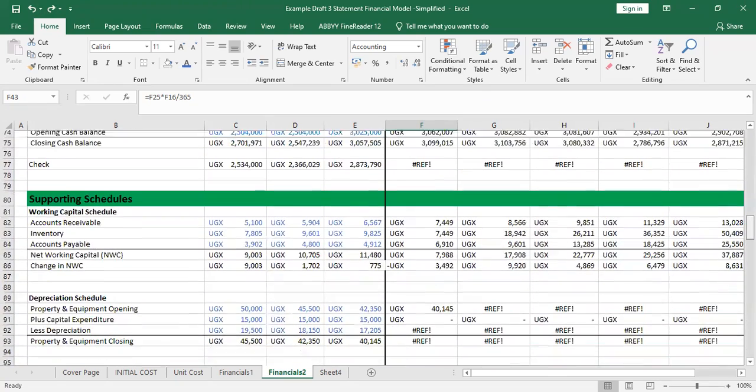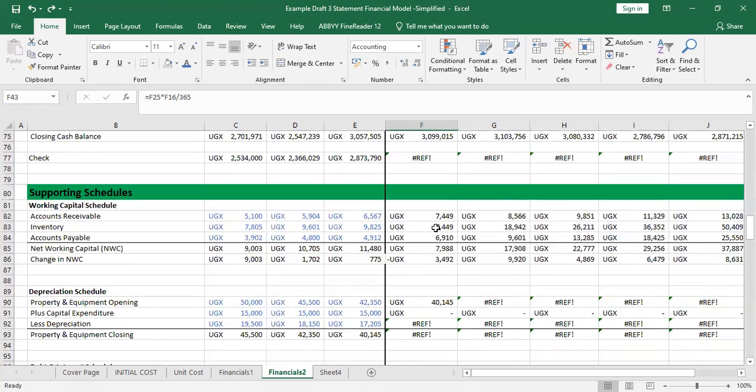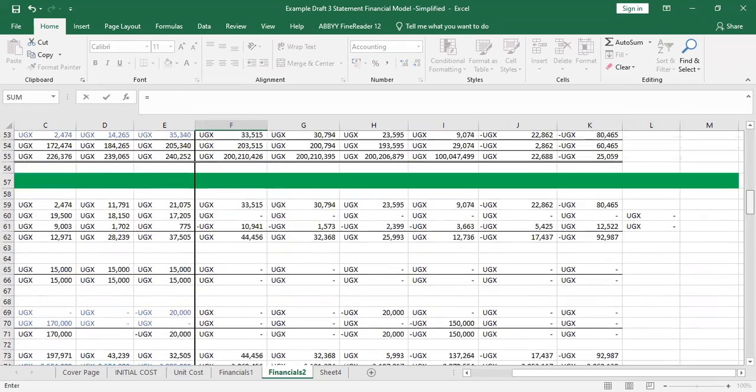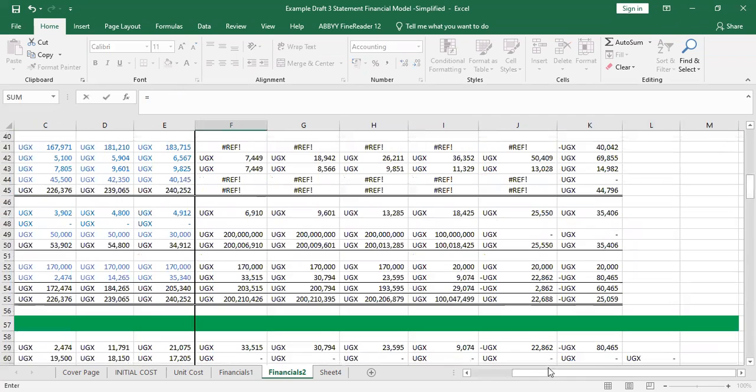Okay, so I'm going to pick the inventory. Where's the inventory?